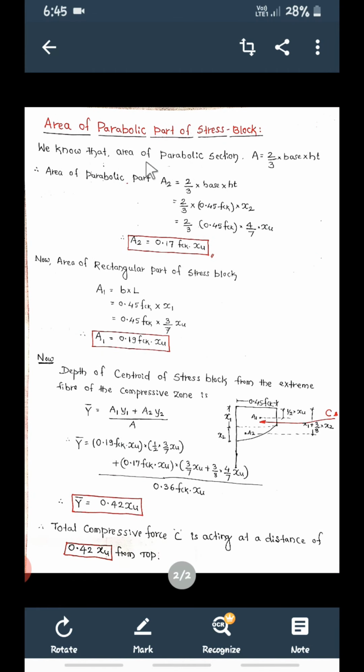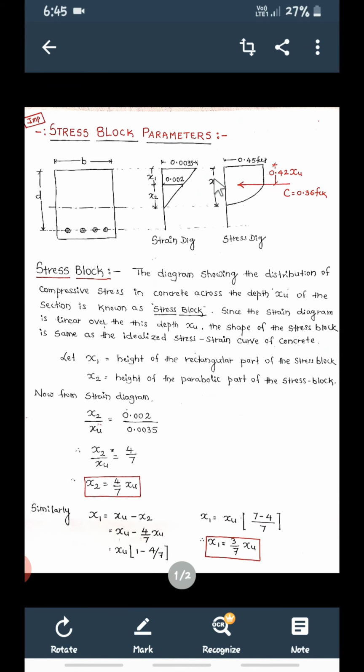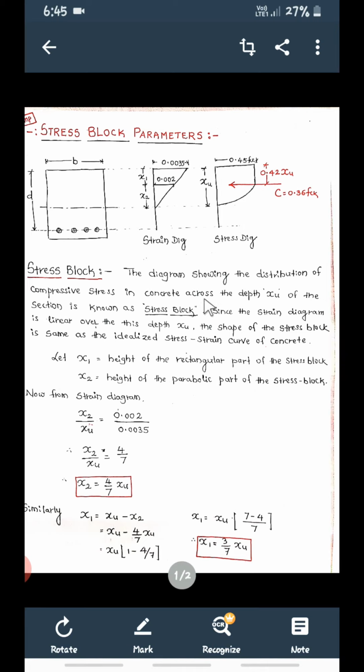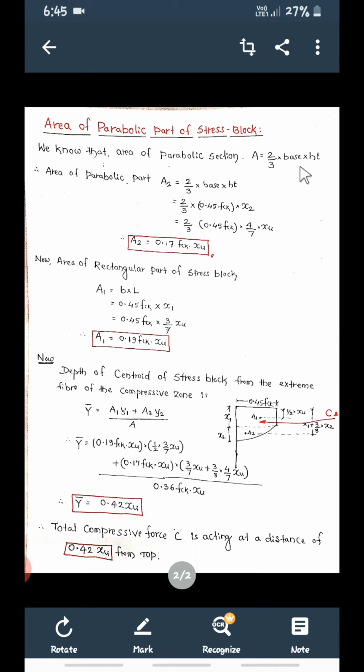We know that the area of a parabolic section is 2/3 of base into height. Since it is a parabolic shape, it is not a triangle, it is parabolic, meaning 2/3 of base into height.